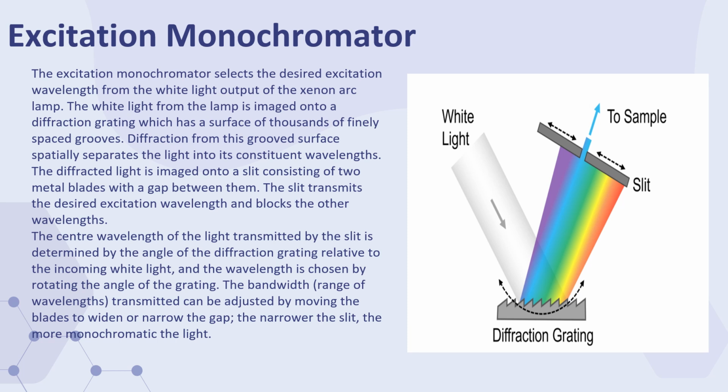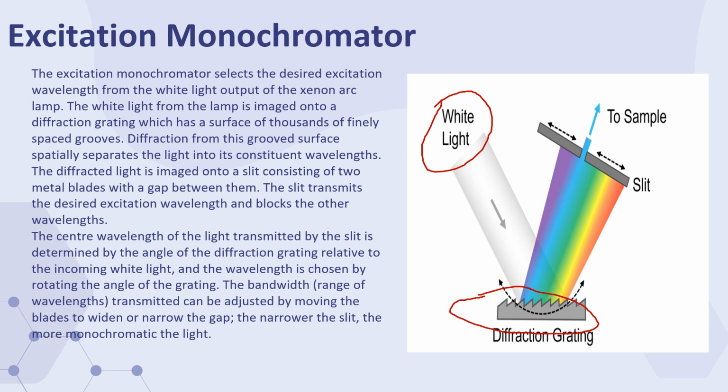This is the diffraction grating, and the white light source comes from here, the xenon lamp. Diffraction from this grooved surface spatially separates the light into its constituent wavelengths.